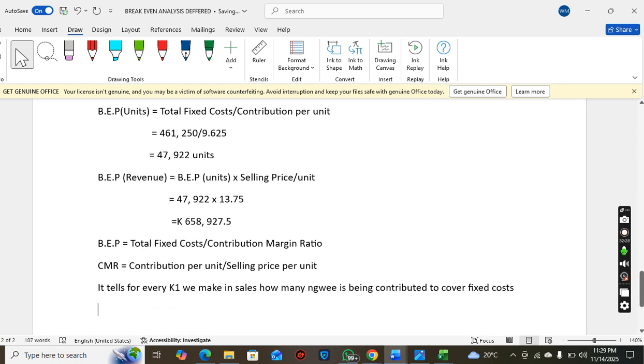So for example, if you have a contribution margin ratio of 0.5, it means for every 1 kwacha I make in sales, 50 ngwe is being contributed to cover our fixed costs.